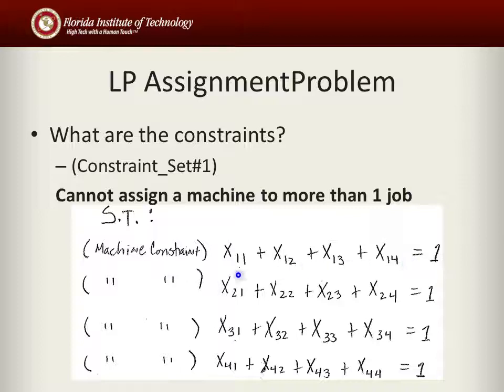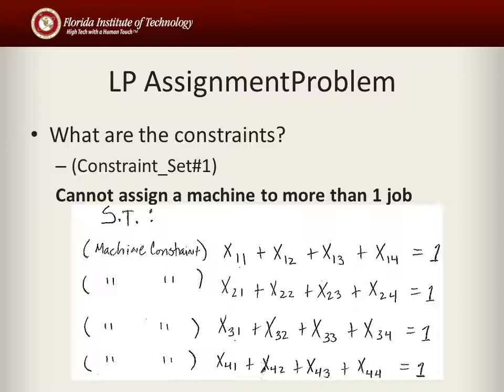But this doesn't prevent the variable for machine number 2 assigned to job number 1 from being set to 1, because you haven't constrained your formulation for that. So we need to add a set of constraints to take care of that, so that only one machine can be assigned to each job.